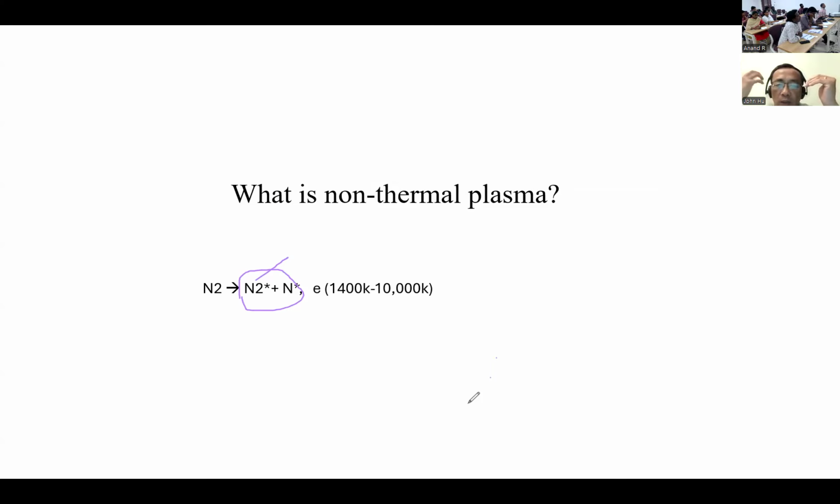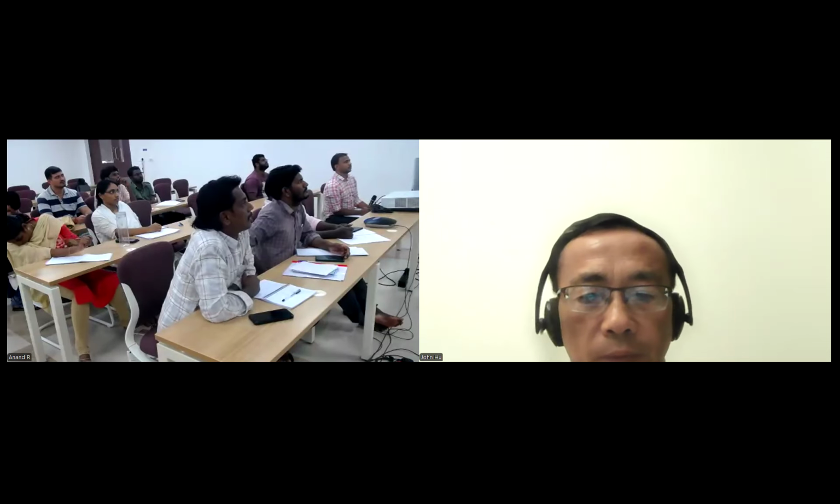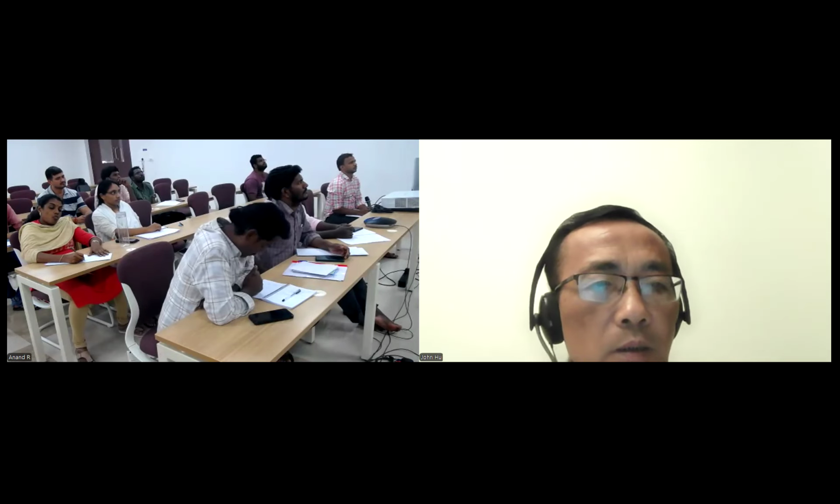Microwave does not have to generate plasma; it can interact with the catalyst. But there's another scenario: microwave can generate plasma and interact. That's why I use the terminology microwave only, no plasma. So let me go back.